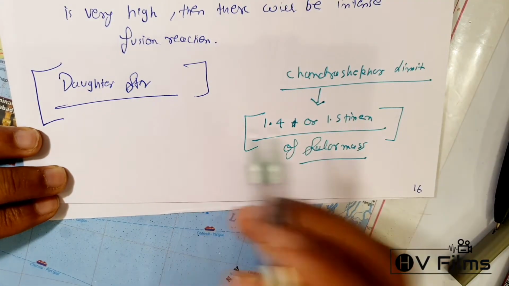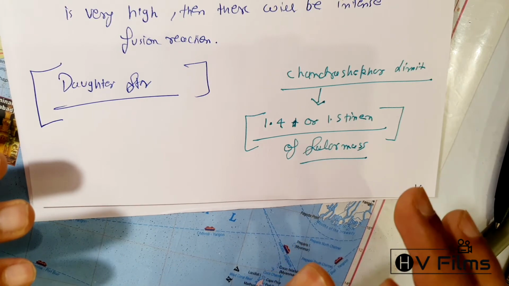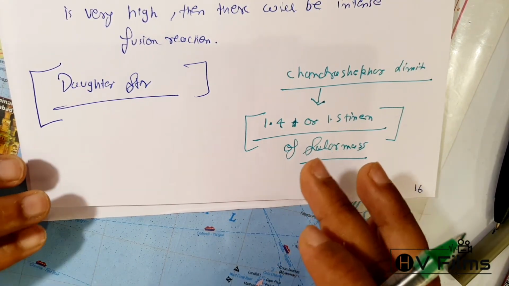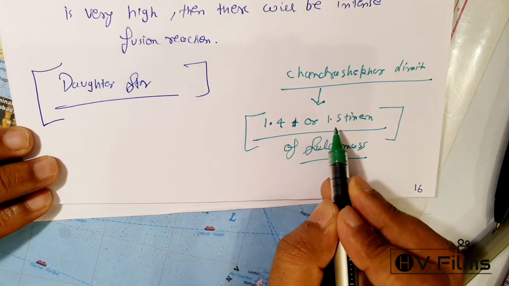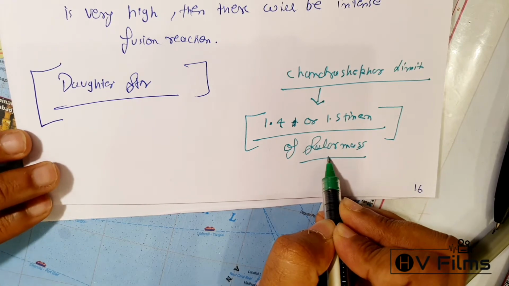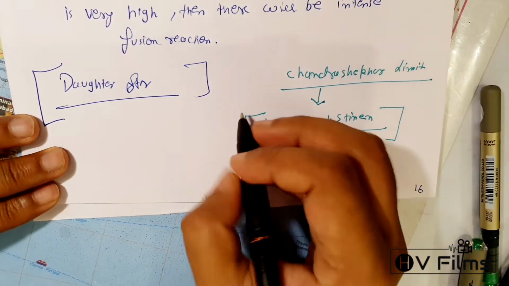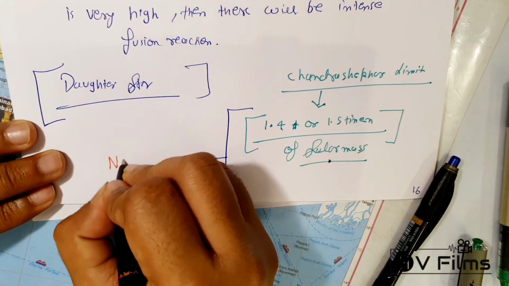It will convert hydrogen to helium, and then it will halt. So the nuclear reaction will stop at that stage and there won't be an explosion. But if the mass is more than 1.4 to 1.5 times the solar mass, then it will explode. This exploding of the star is what we call a nova.